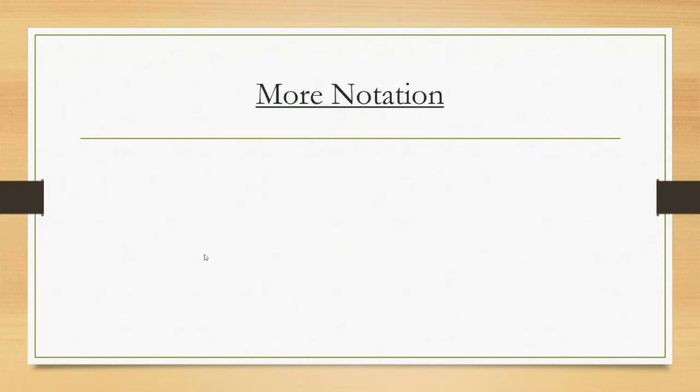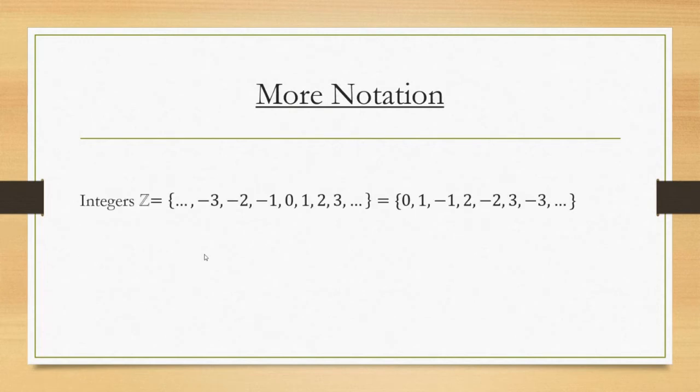Okay, so that was one set. Another one is the integers themselves. This is how the author listed it. It's a little strange, I know, because he has the ... on either side. Hopefully it makes more sense if I write the set this way, as you can see.